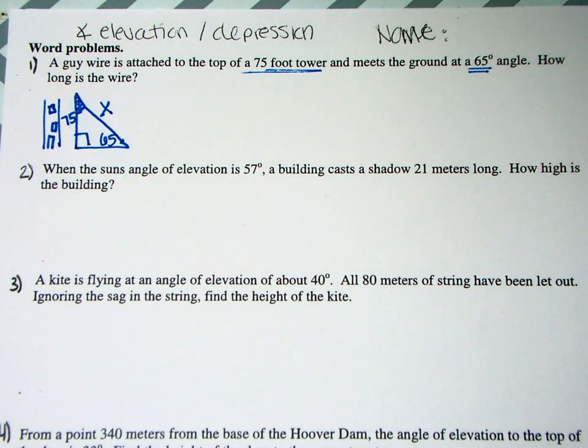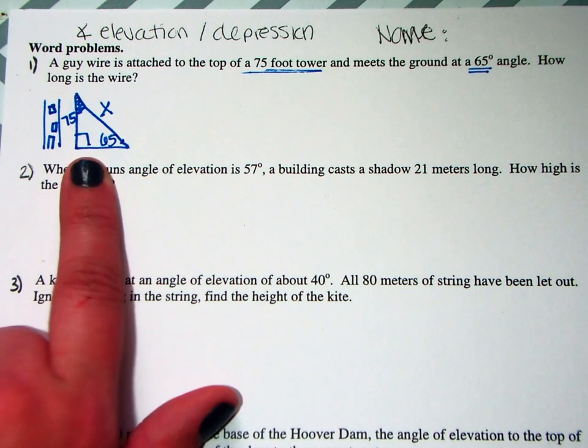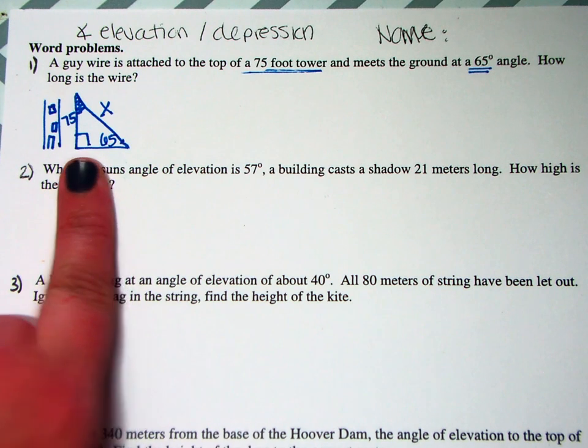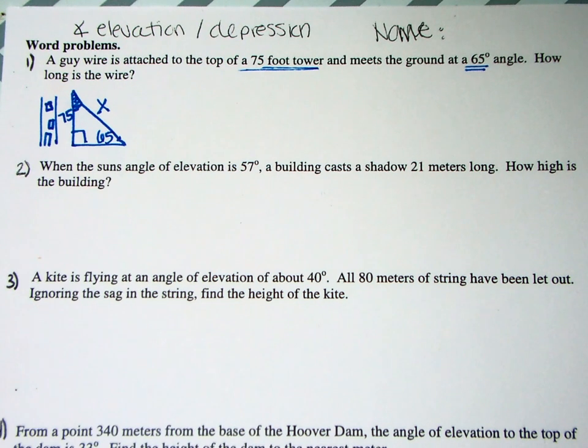Angle of elevation and angle of depression problems are common sense. I know that sounds kind of mean to say, but it's a common sense problem. You just have to stop and think about what the question is asking you and how this relates in the real world. So obviously the ground is on the bottom. If I'm talking about distance from the ground, that's the base.